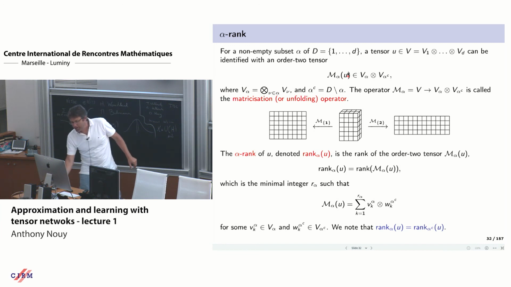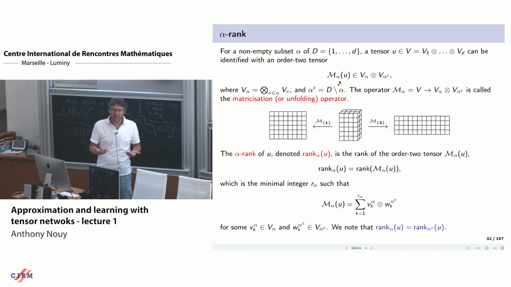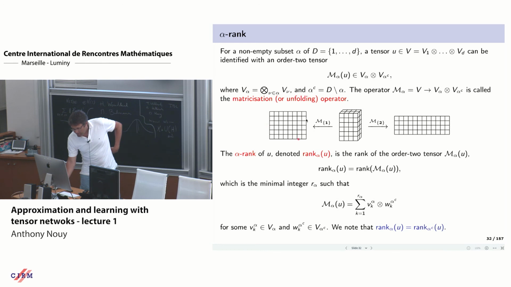Okay? So here I introduce this notation M alpha, which is called the matricization operator. It takes a tensor U in the tensor space V and gives you something in a tensor space V alpha tensor product with V alpha complementary. So this is seen as an order 2 tensor. I can illustrate this here.